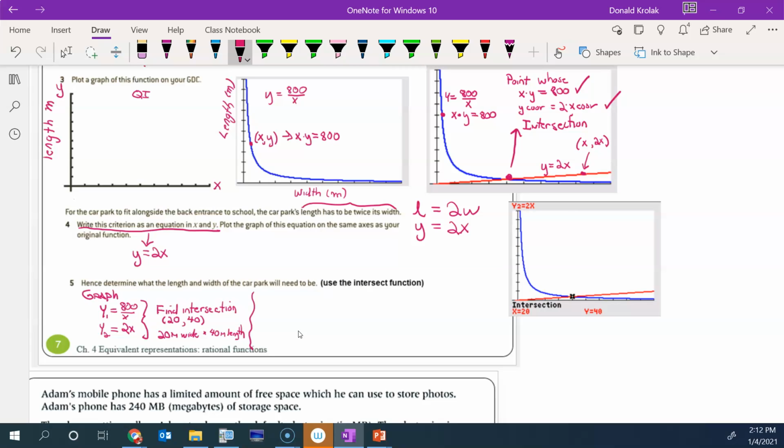All right, now you could also solve it using algebra, which is a little quicker. Okay, what you do is you set your equations equal. So I put 800 over x equals 2x, and I solve it. I multiply both sides by x, divide both sides by 2, and then take the square root.